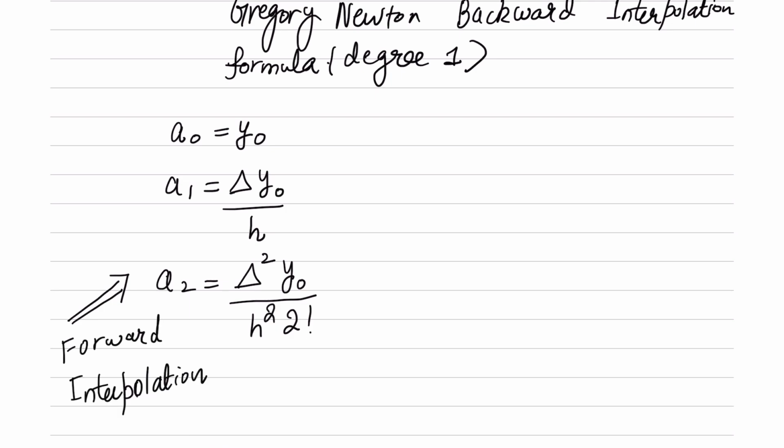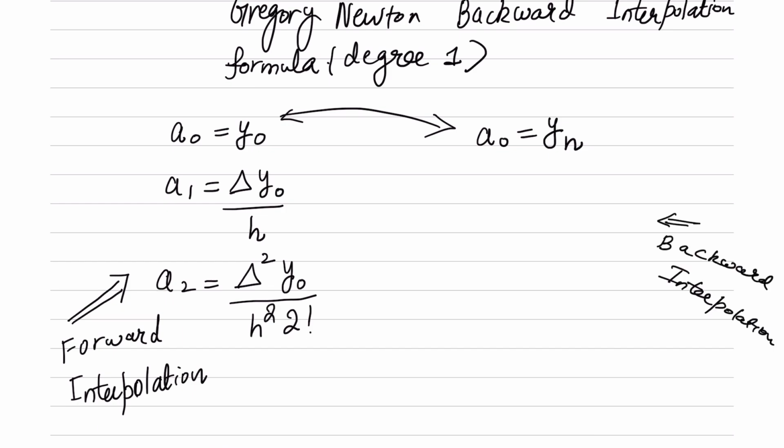But now we have seen that a naught was yn. See the comparison. In forward interpolation, a naught is the starting y, and in backward interpolation, a naught is the last y, which we are denoting as yn. And we got a1 as backward last y over h, and here we have forward y0 over h.